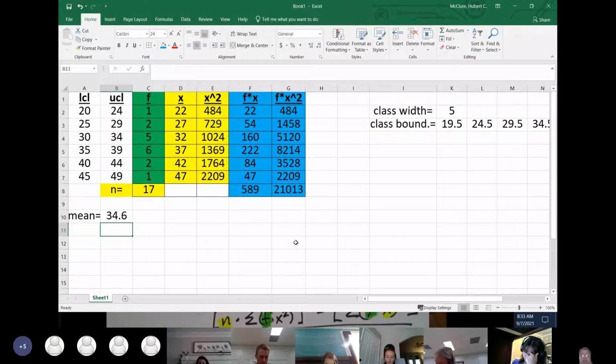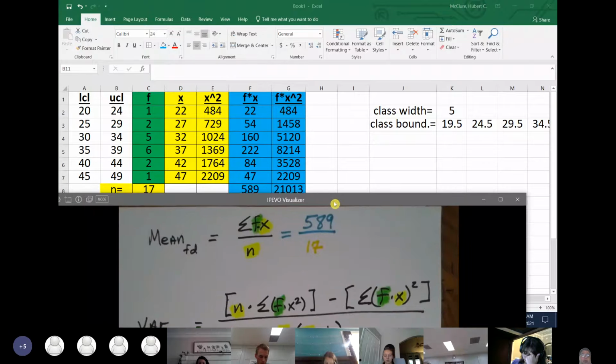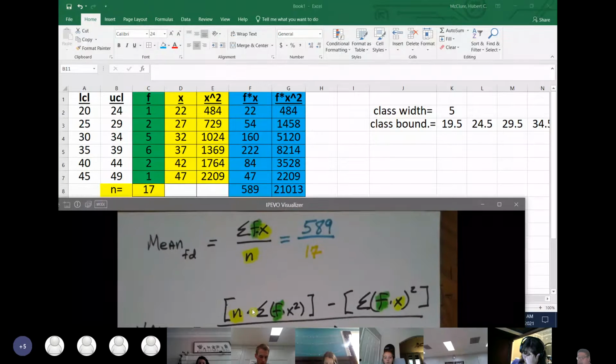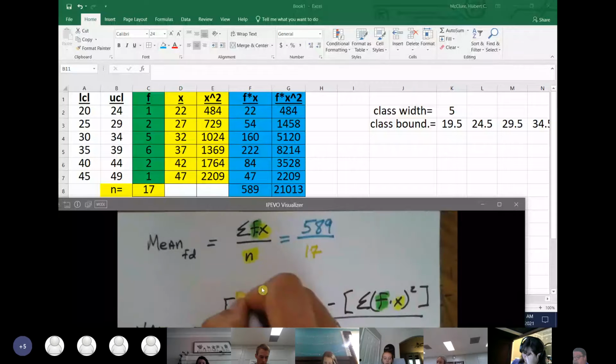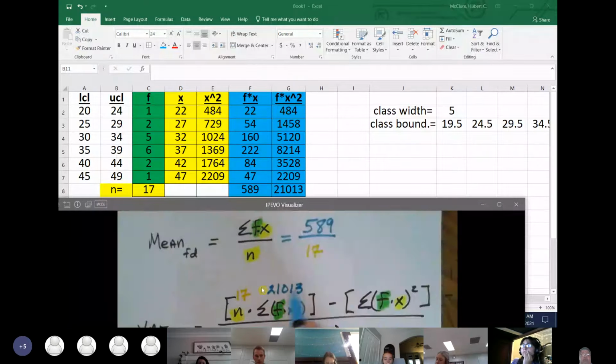All right, so let's go back to our handy dandy whiteboard and fill out the second part. This is 17 times the summation of F times X squared, 21013. This number has to be bigger, okay? Why?